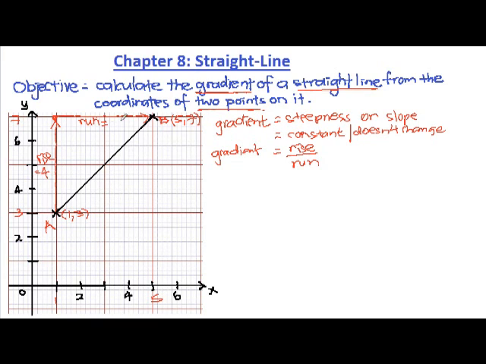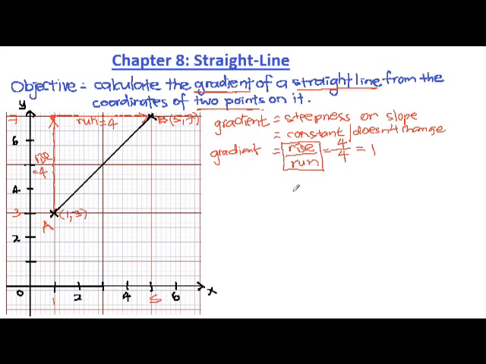So we run for 4 units as well. So the gradient of line AB is equal to 4 over 4, which is equal to 1. Of course, rise over run is not the only equation that we can use to find the gradient. In the next video, I shall share with you the other equation.